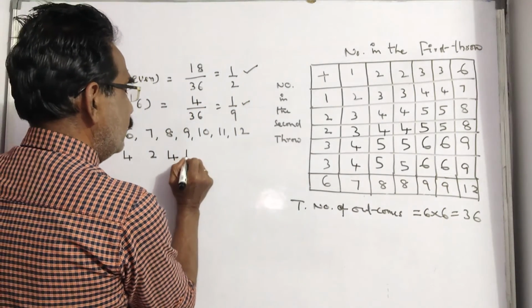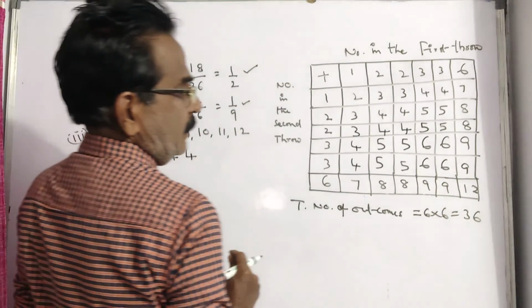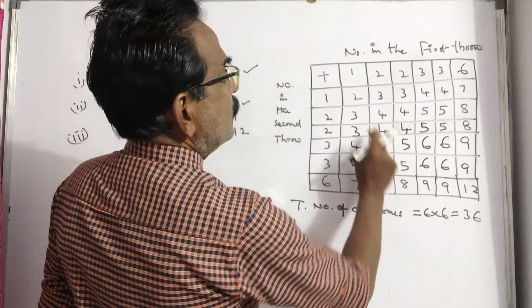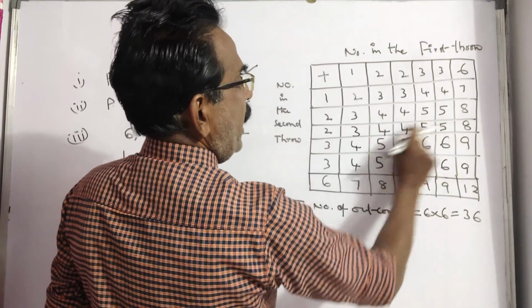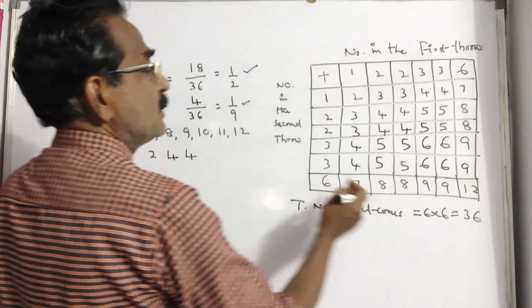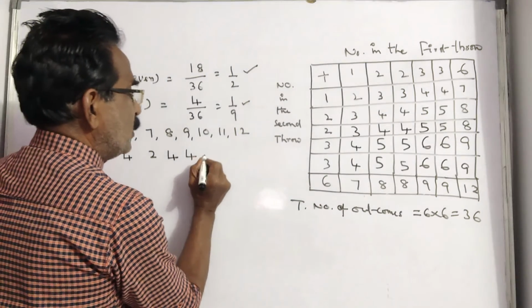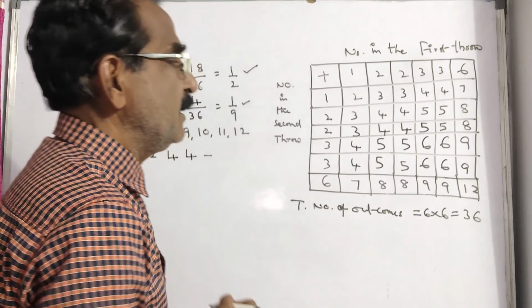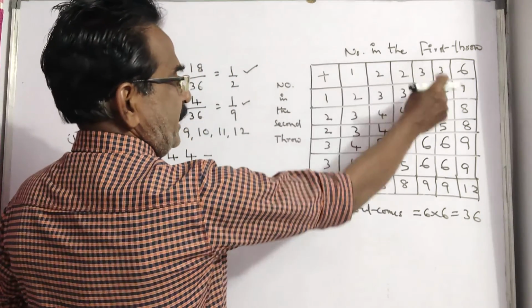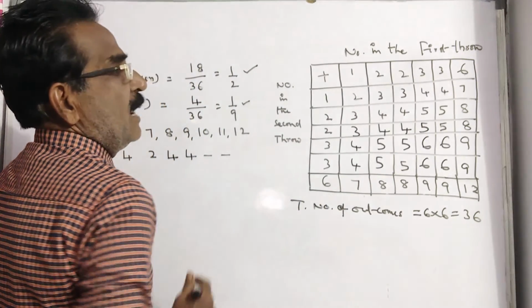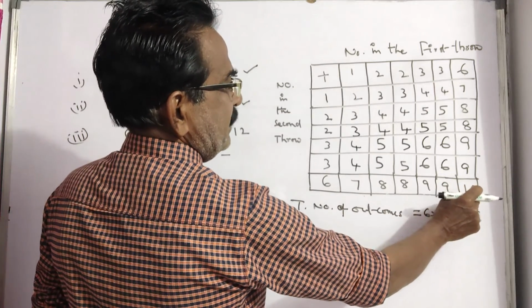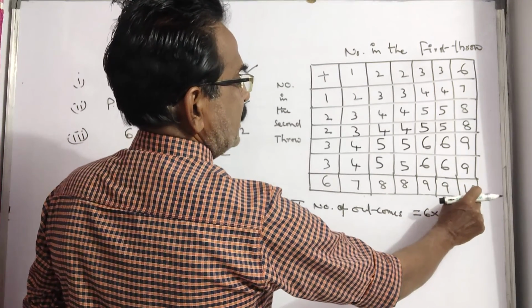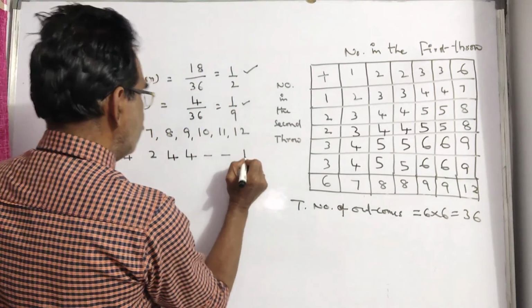Sum 9, again 4. Sum 10. There is no chance of getting sum 10. In the same way, there is no chance of getting sum 11. And there is only one case where the sum is 12, that is 1.